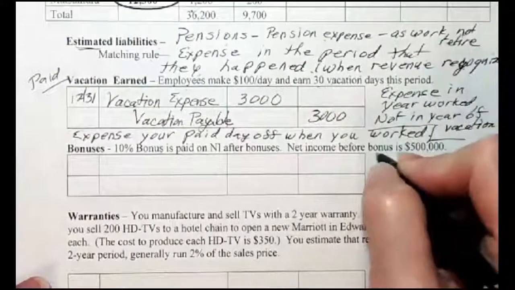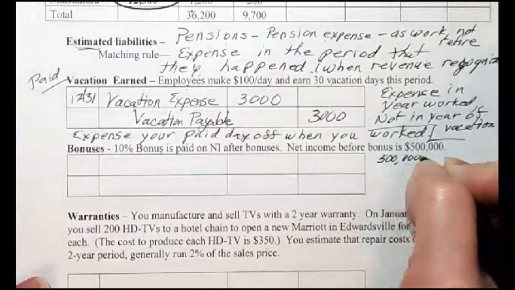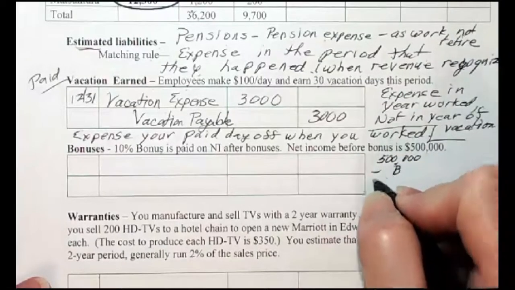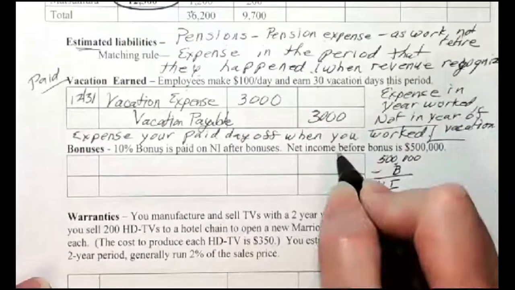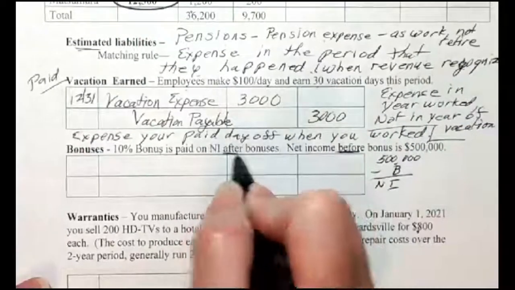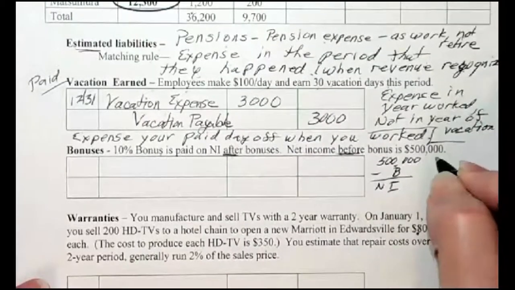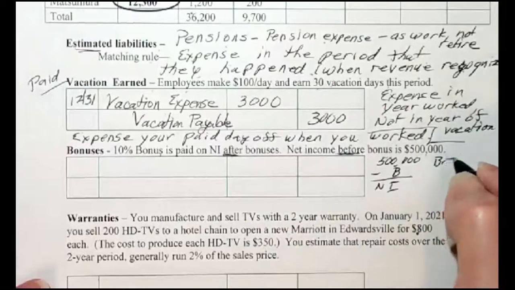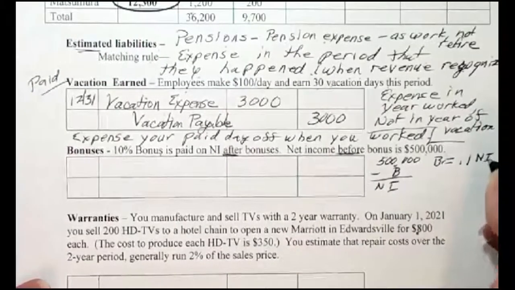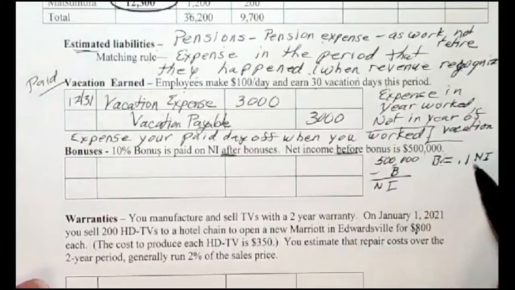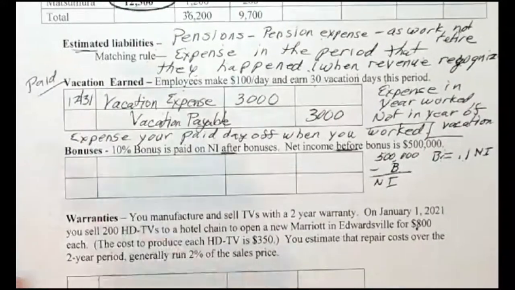We want to subtract out the bonus to get our net income. This is before the bonus, but we want the bonus to be 10% of net income after the bonus. So the bonus, my B here, equals 0.1 times my net income.